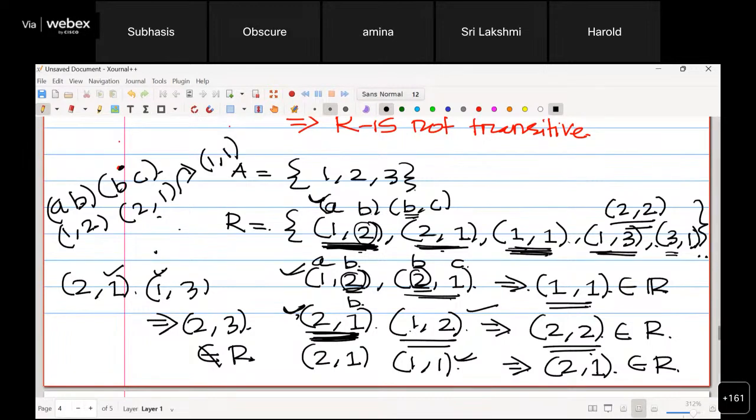But when you are taking 2 comma 1 and 1 comma 2, you get 2 comma 2. You are getting two different things, so you need to consider both individually. Thank you. Okay, fine.